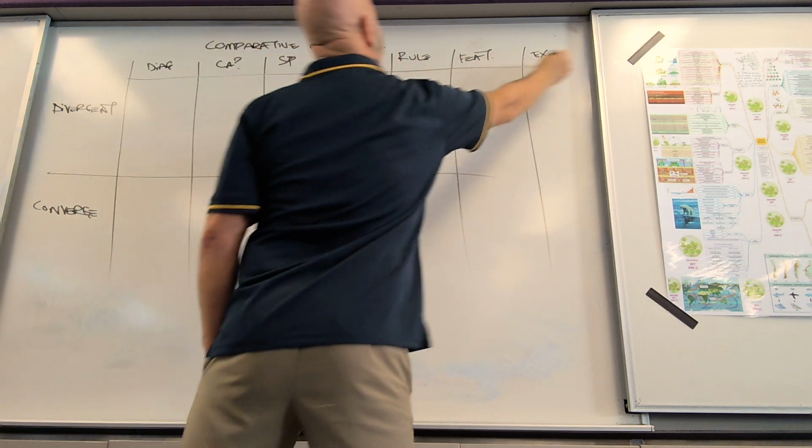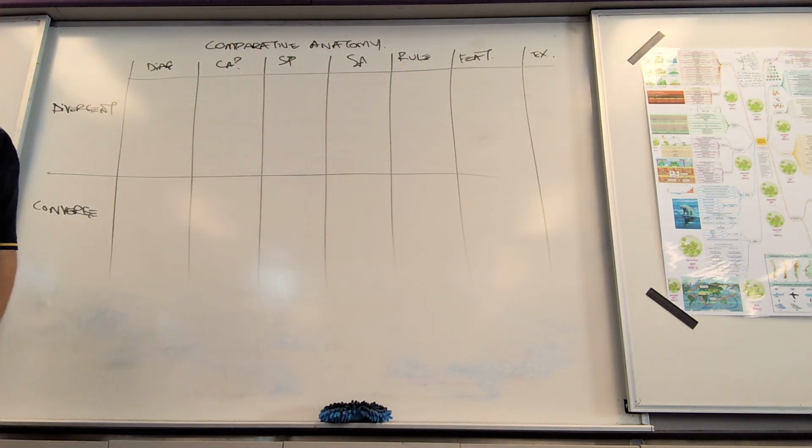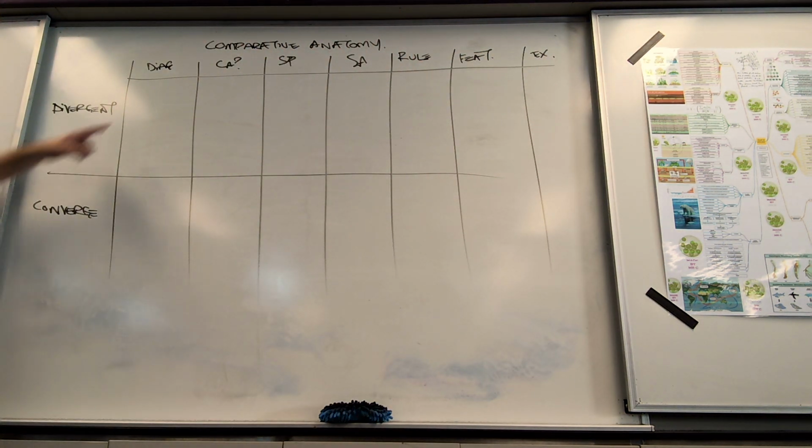Okay, so these are the columns that we will do for our comparison. Diagram means we're going to draw a diagram to represent divergent and convergent evolution.